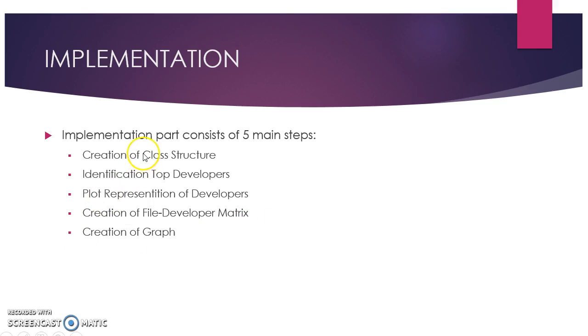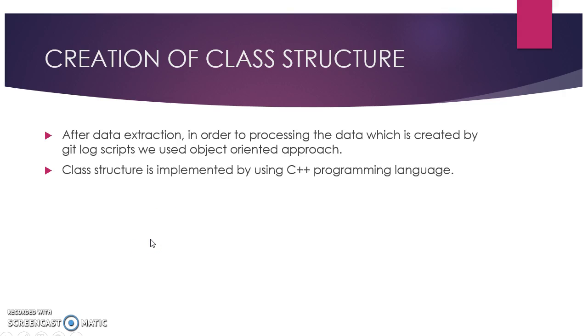In implementation, we followed five steps: creation of class structure, identification of top developers, float representation of developers, creation of file developer matrix, and creation of a graph as a result.